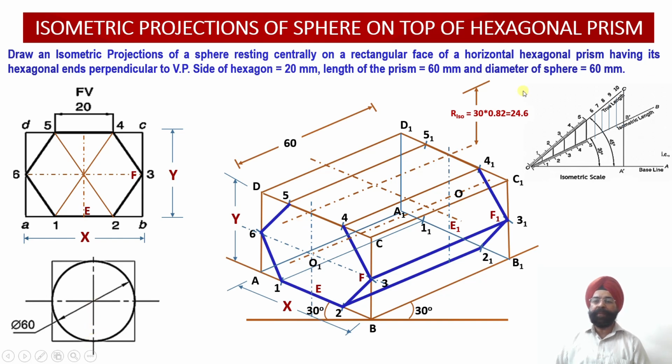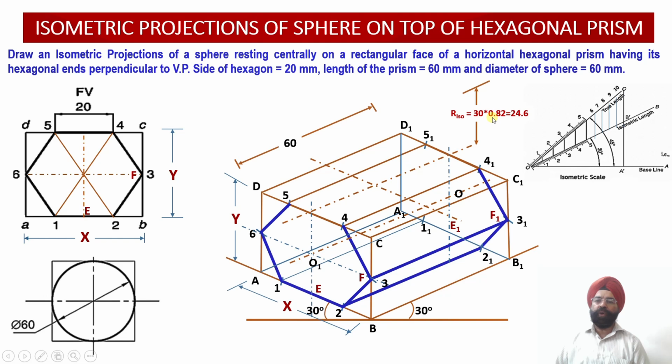So what we have done, please check, we have marked the isometric radius equal to 30 millimeter multiplied by 82%, equal to 24.6. Or otherwise I can mark this 30 millimeter over here and obtain whatever isometric length is obtained corresponding to this true length of 30. So this will be my isometric radius, right?